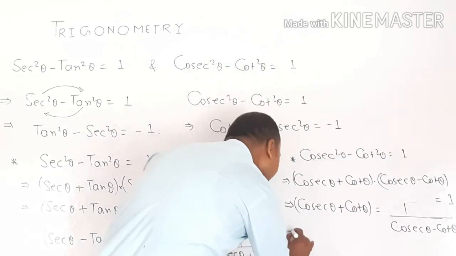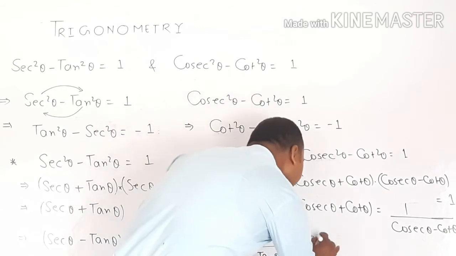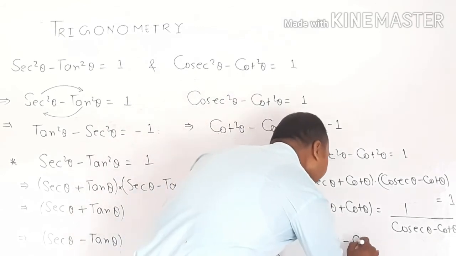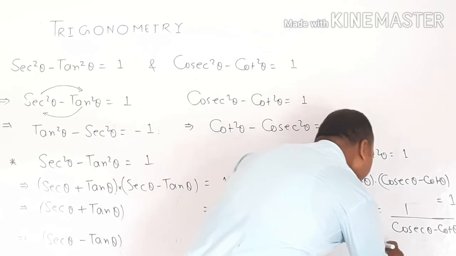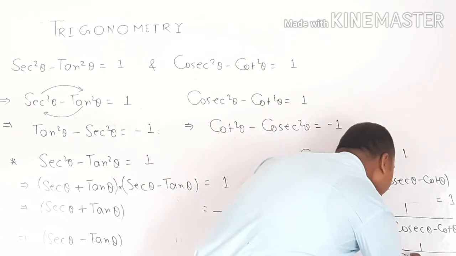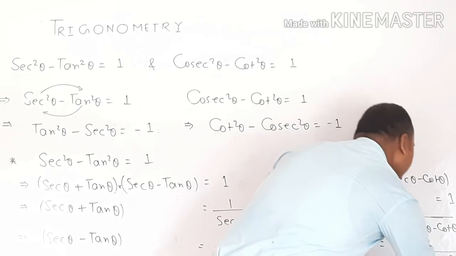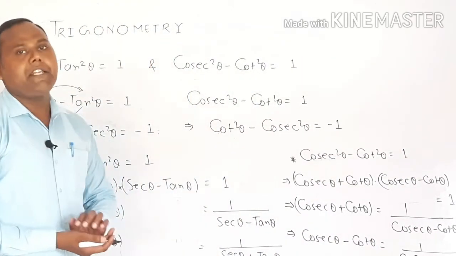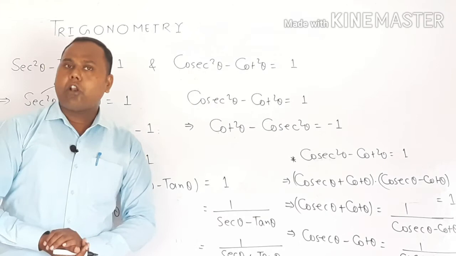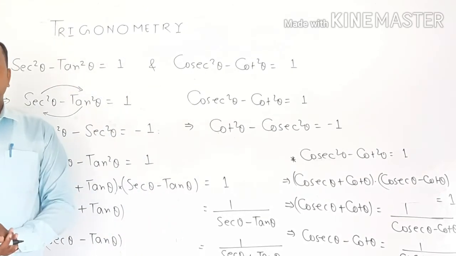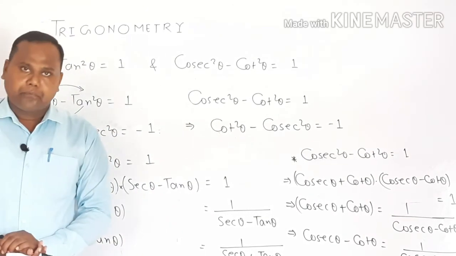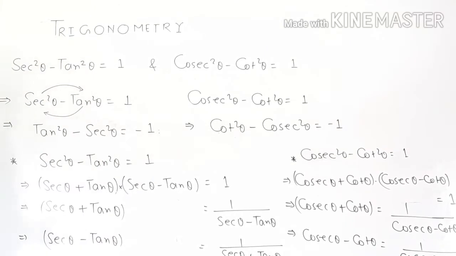As well, we can also write cosec of theta minus cot of theta as 1 upon cosec of theta plus cot of theta. These results are very important while solving critical types of identities and proofs. So you can take a screenshot.